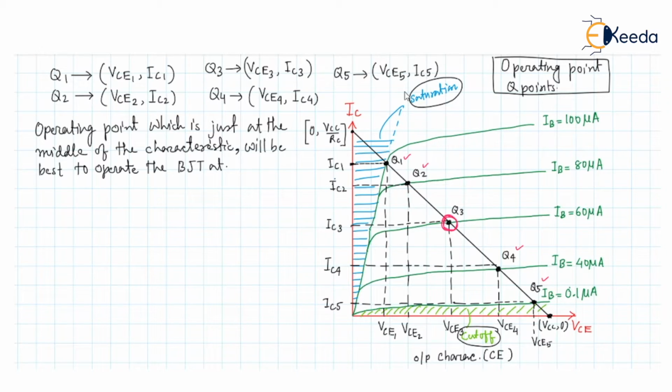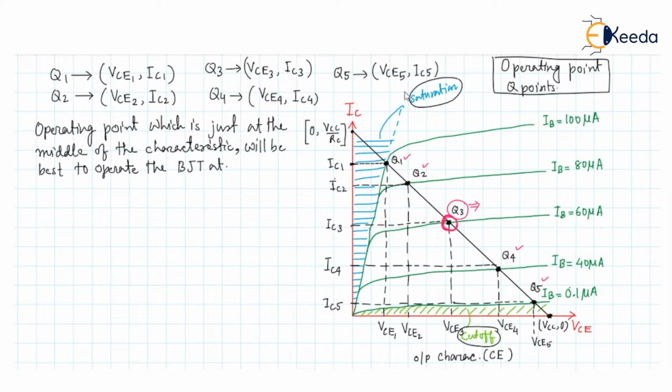There will be a clipped version of the input signal and the output. But at Q3, there will be no clipping of the signal that is applied at the input. So we will get a full, complete waveform at the output. That's why Q3 is the perfect operating point for the transistor to operate.